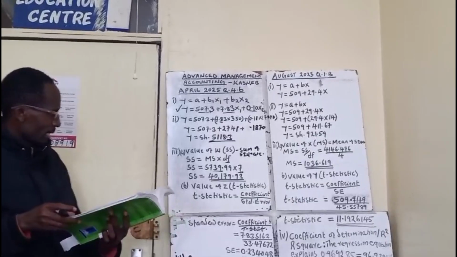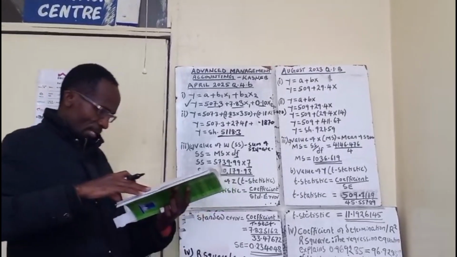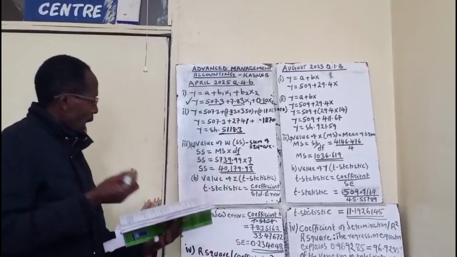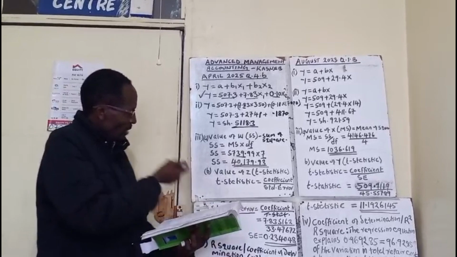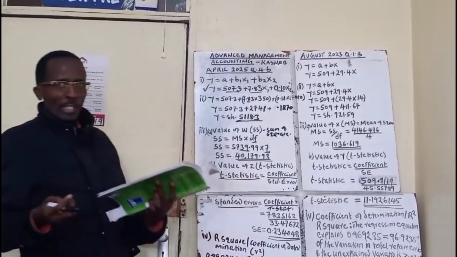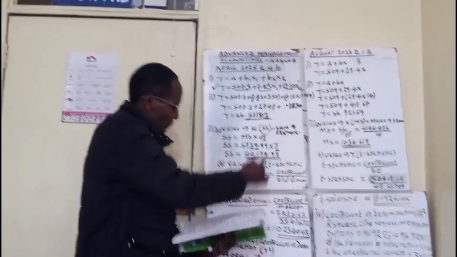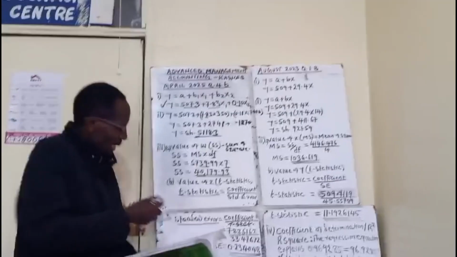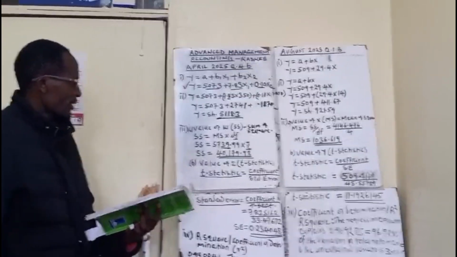The value of Z. So note that the Z is the standard error. I think Z is the standard error. So how do we calculate standard error? I have started by giving you the formula for calculating T statistic. You may get a question where you are required to calculate the T statistic. But we needed the standard error, which is given by coefficient over T statistic.